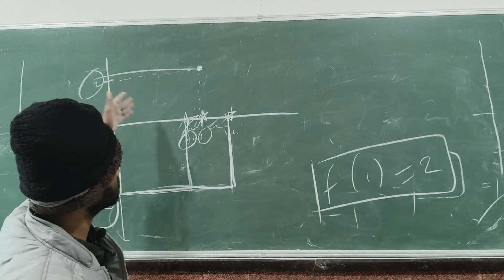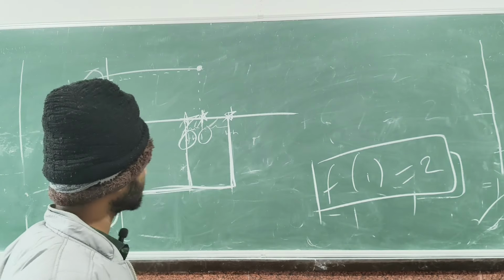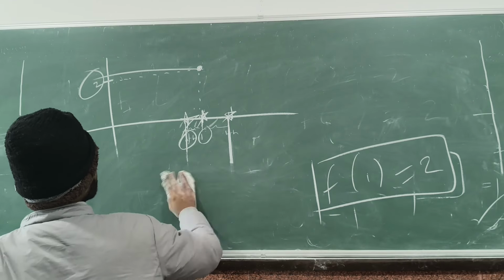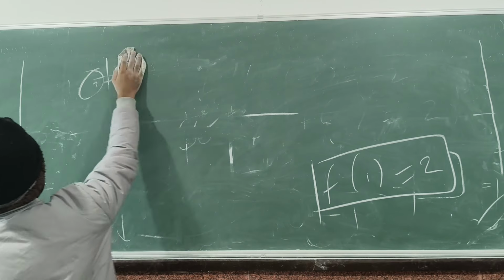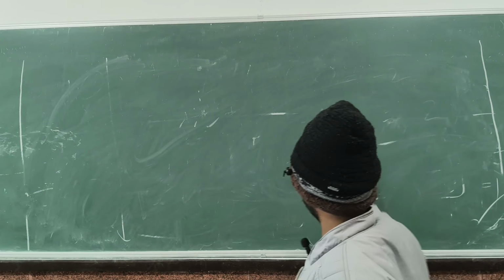Whereas at x equals 1 we got plus 2. Means the limit at 1 is not the same as f of 1.